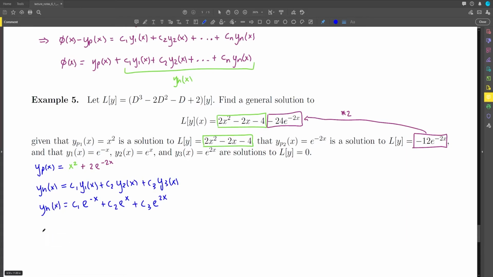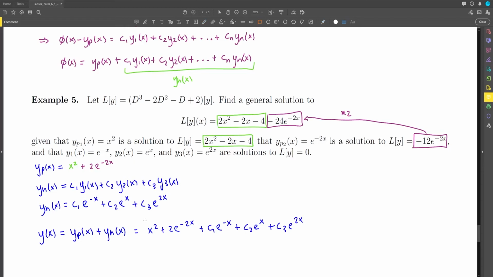And then finally, we have that the general solution y of x equals yp of x plus yh of x, and that is given by x squared plus 2e to the power negative 2x plus c1 e to the power negative x plus c2 e to the power x plus c3 e to the power 2x.